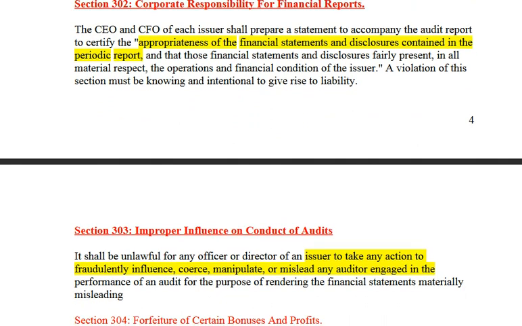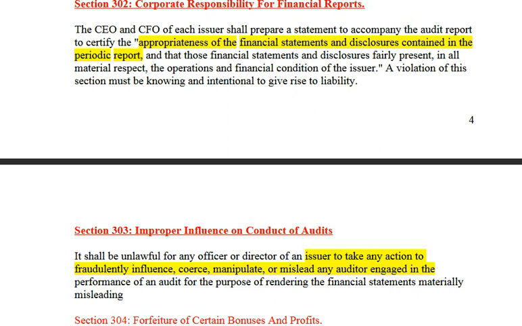Section 302, Corporate responsibility for financial report. The CEO and CFO of each issuer shall prepare a statement to accompany the audit report to certify the appropriateness of the financial statement and disclosure contained in the periodic report, and that those financial statement and disclosure fairly present in all material respect the operation and financial condition of the issuer.